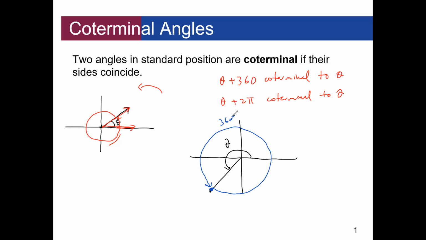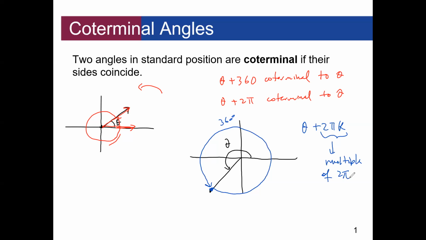So to find the coterminal angle in a positive direction, we're just going to add multiples of 2 pi. I'm going to say theta plus 2 pi k, where 2 pi k means a multiple of 2 pi. I'm adding multiples of 2 pi to find the coterminal in a positive direction.